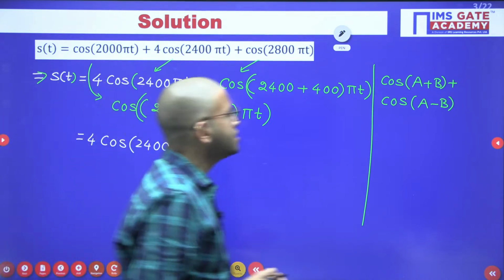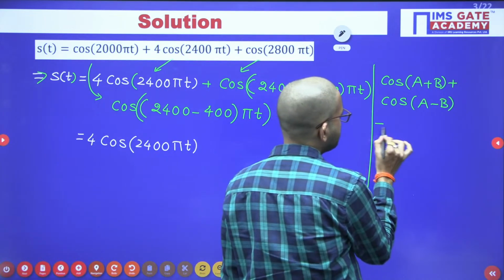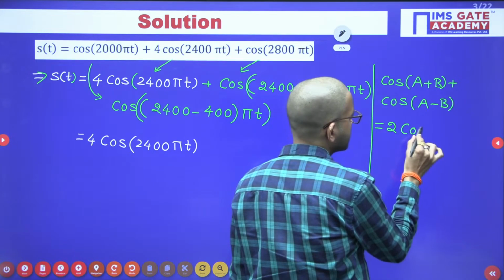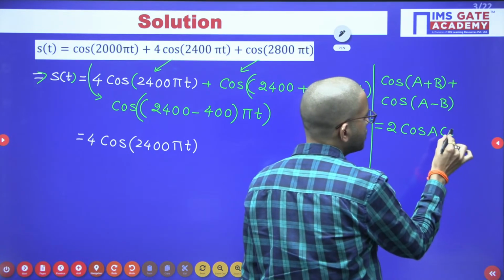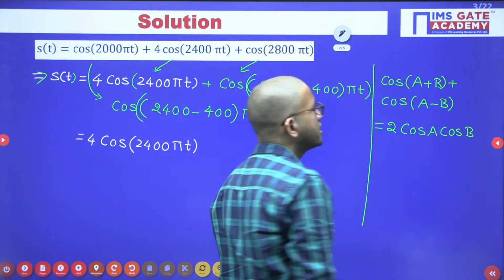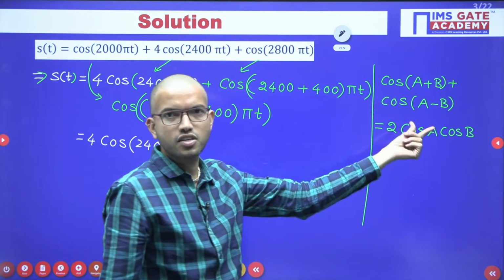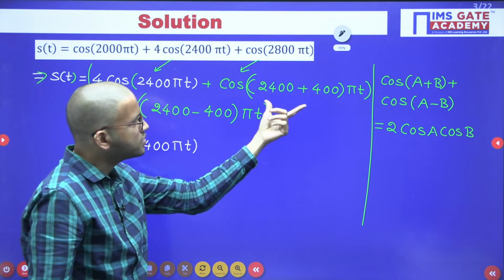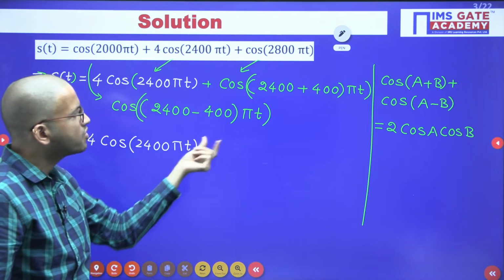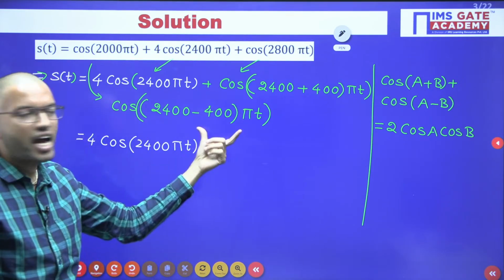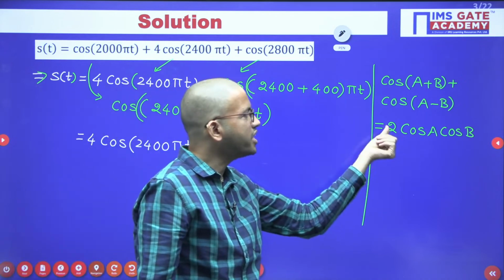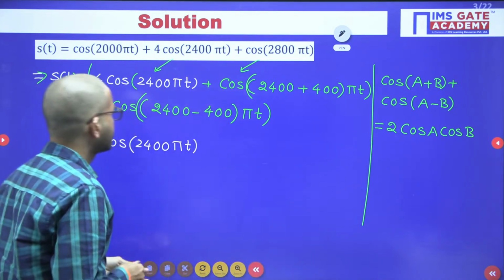We can write it as 2 cos A cos B, yes or no? 2 cos A cos B is nothing but cos sum plus cos difference. Here you are getting sum term, here you are getting difference term. Whatever the two cos terms you are having, you can multiply and then multiply with 2 also, right?